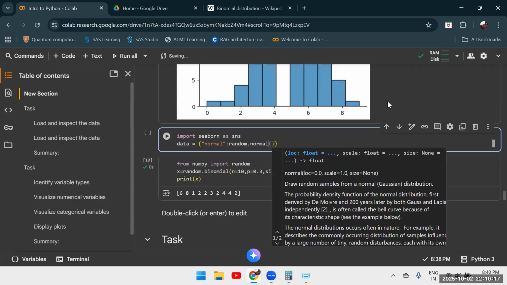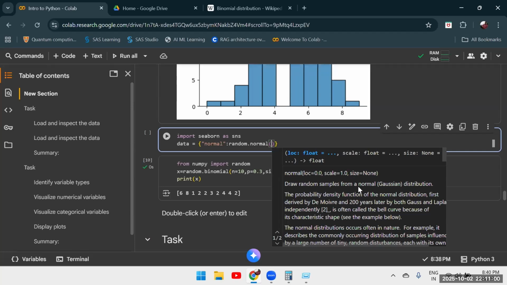I spoke about 3 parameters, and that is also given in the help: loc, scale, and size. So what does loc mean, Raghav, in a normal distribution? loc is nothing but the mean. The mean value is considered as loc.